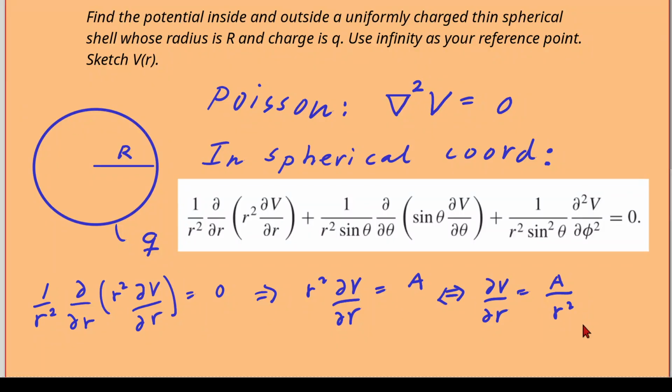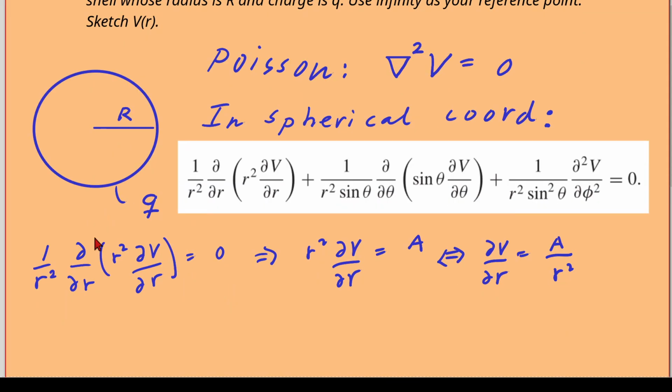All right. So what is V then for this problem? Yeah, then you realize that V equals negative a over r plus a constant b.